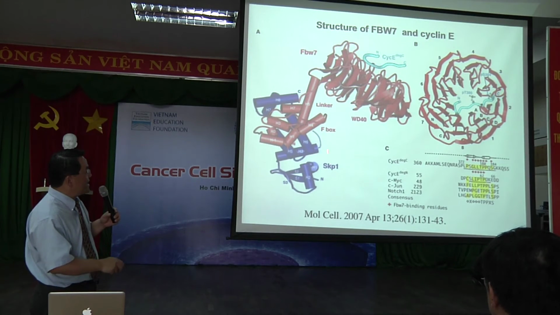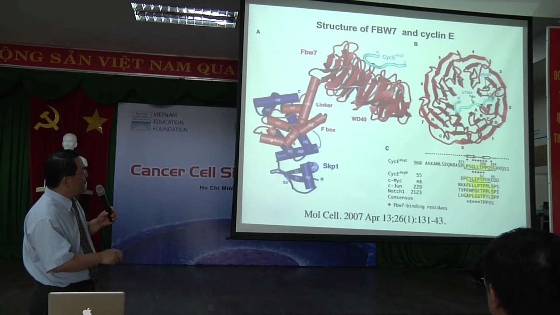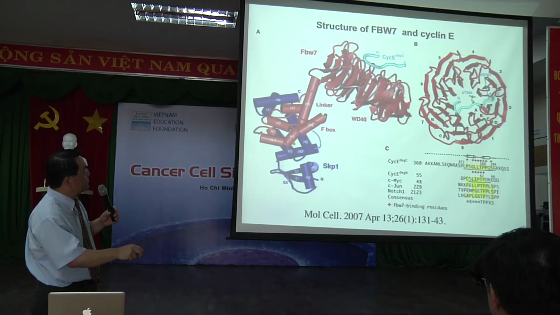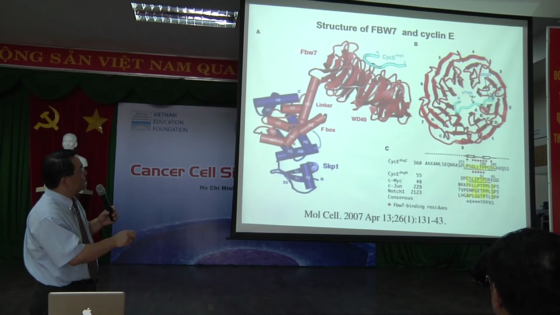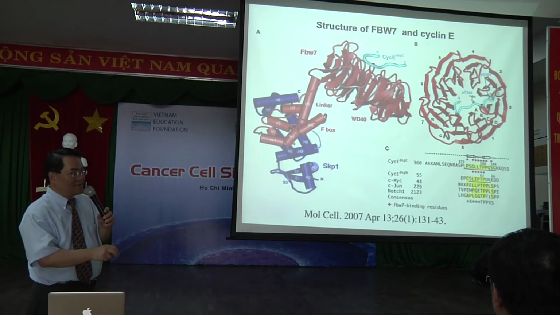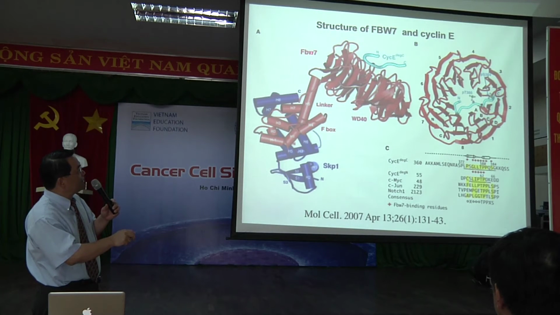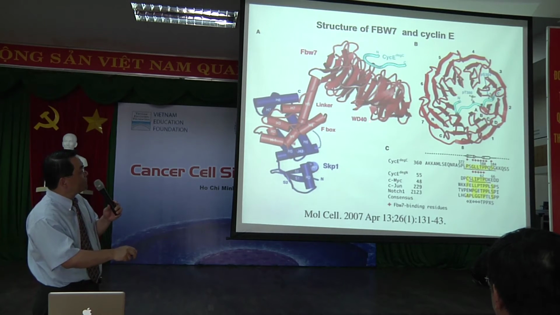Again, you see the SKP1, and then an F-box protein hooks up. This F-box protein is called FBW7. FBW7 stands for F-box protein containing WD40 repeat.